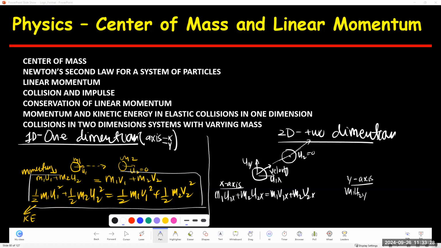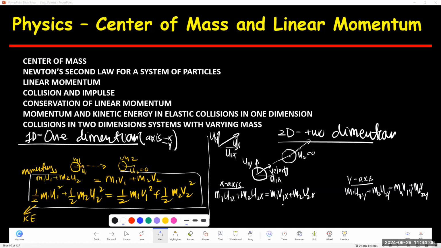Let's suppose I draw u1 here. u1 has one component here, which is the x component, and one component here, which is the y component. Same thing, I'm going to complete this equation: m1 u1y plus m2 u2y equals m1 v1y plus m2 v2y.